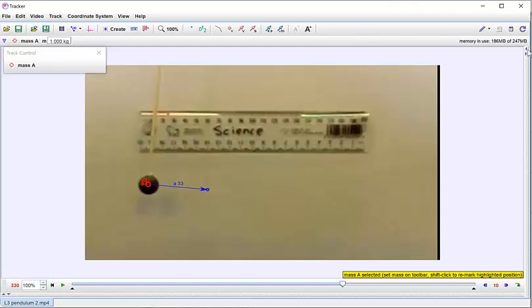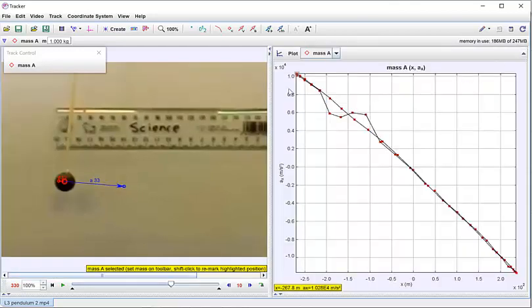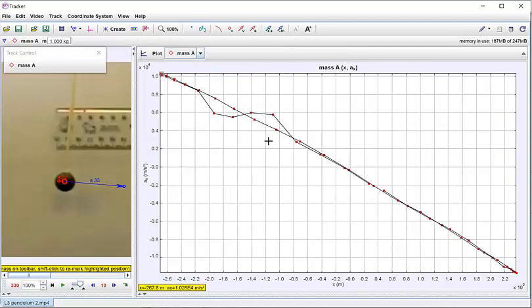So I'm going to add a graph here. So this is a graph of acceleration versus displacement, and we can see here 0, 0, the line cuts through 0, 0, and it is a straight line. It's got a few squiggles because the tracking isn't perfect, but basically this is a straight line.